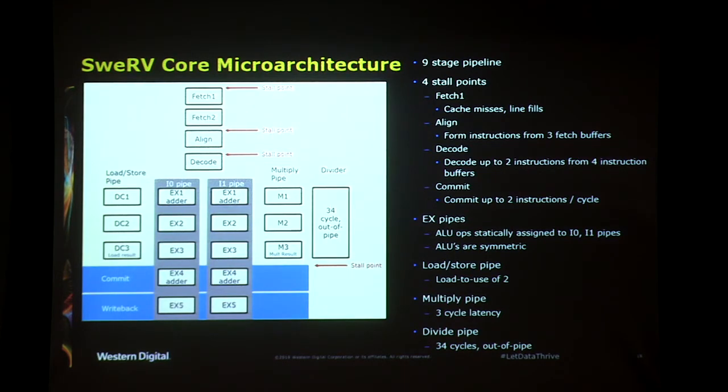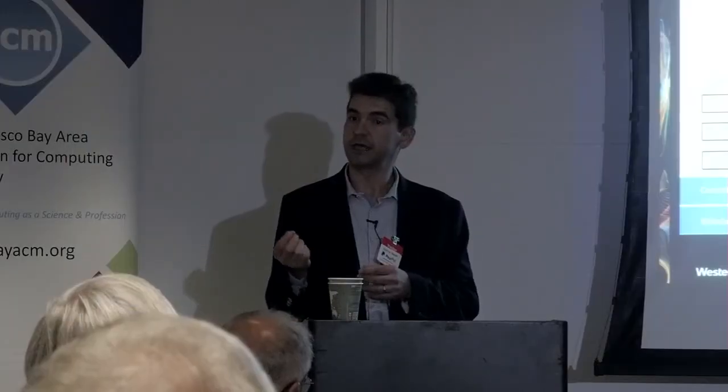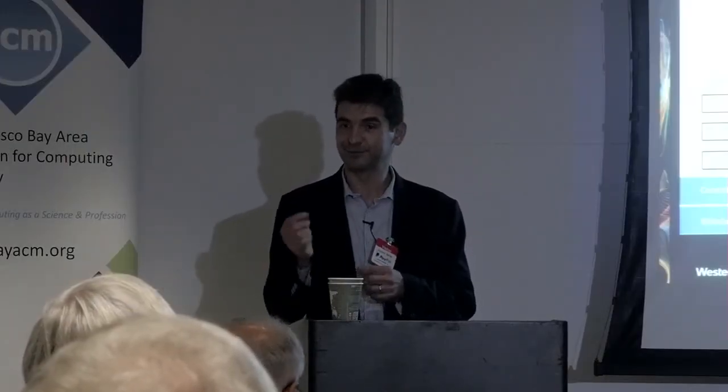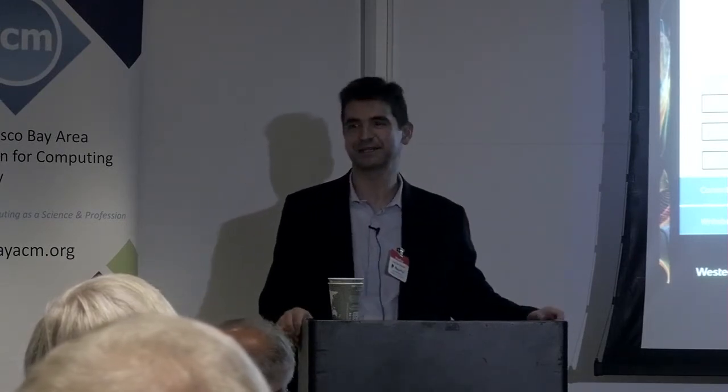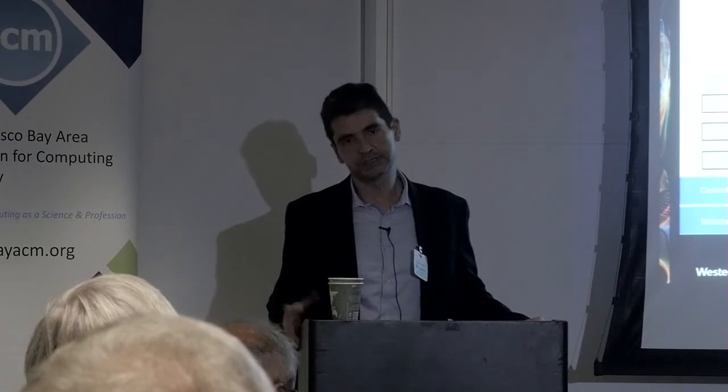So we wanted something that runs faster. So what are the things that you can do in the core to make it run faster? There are several things. You may want to stay in order to keep the core small, because of the size of the ASIC for the SD card. An SD card is this big, so you're not going to have a centimeter square ASIC. It's not going to fit. So you stay in order.